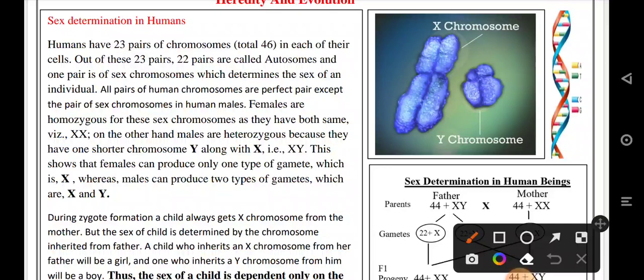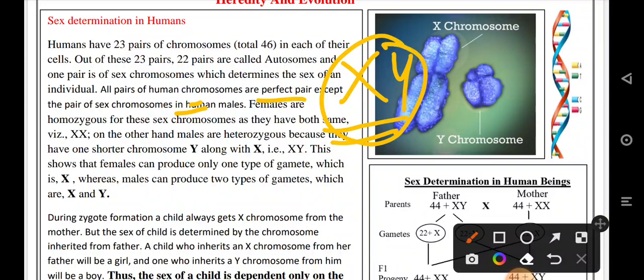Now, all pairs of human chromosomes are perfect pairs except the pair of sex chromosomes in human males. For example, the sex chromosomes of human males are X and Y, so we cannot say they are perfectly paired. Why?